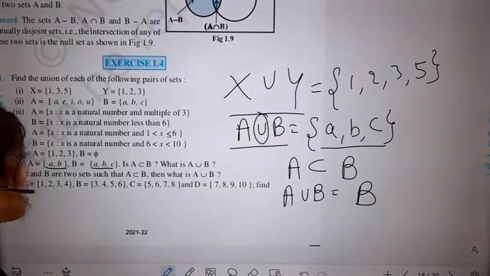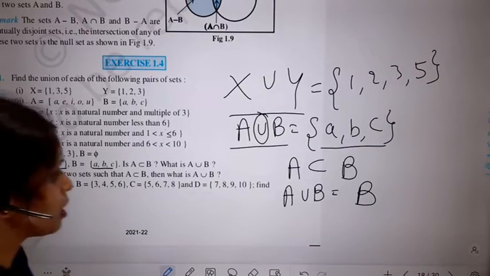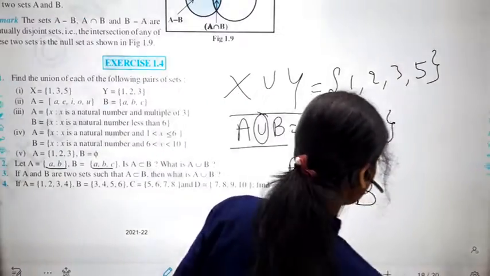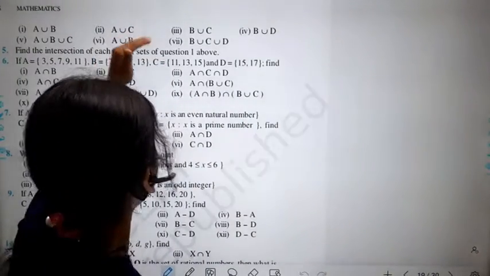My next one is, A is equal to this one. Then you have to find A union B and A union C.